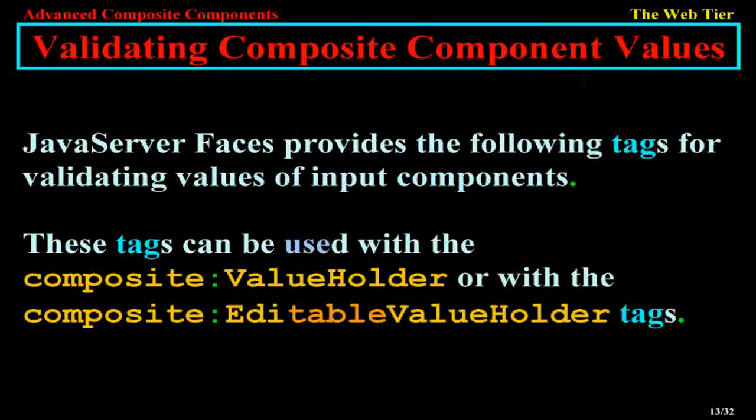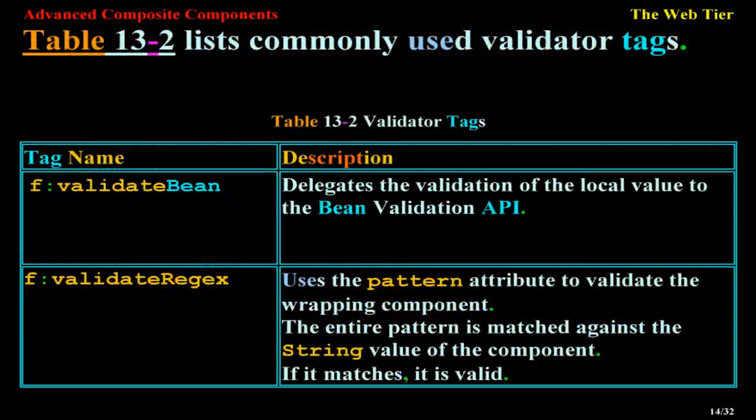Validating composite component values. JavaServer Faces provides the following tags for validating values of input components. These tags can be used with the composite valueHolder or with the composite editableValueHolder tags. Table 13-2 lists commonly used validator tags.